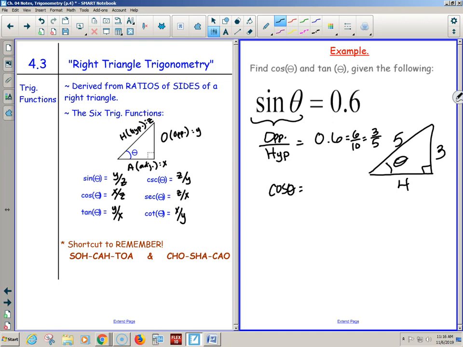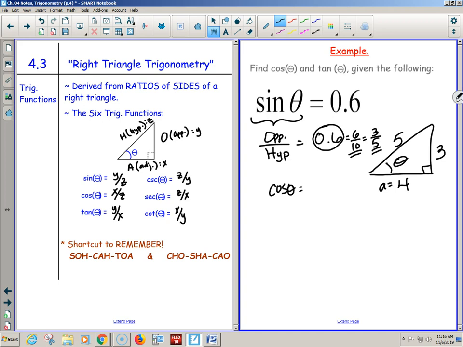Well, I changed 0.6 to a fraction, and I could have used any fraction that reduces to this to set up my sides. So you just simplified 0.6? Yeah. Then I said you could be an opposite, and you could be a hypotenuse, and I solved the Pythagorean theorem for the side I didn't know. But a lot of us have this one memorized, 3, 4, 5.